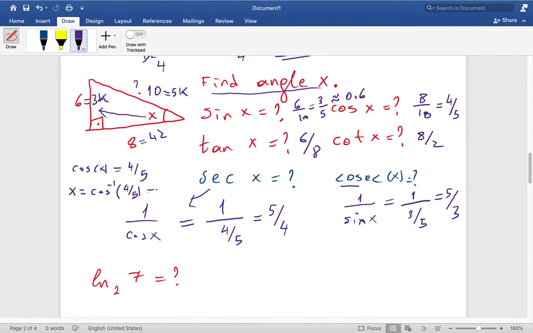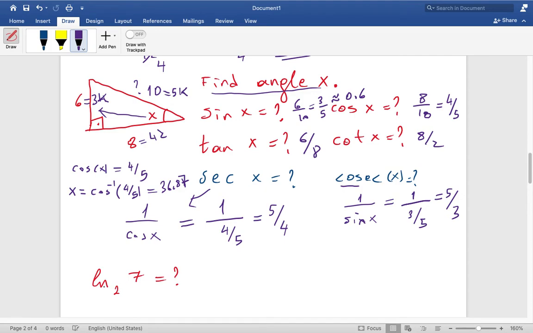So by using your calculator, arc cosine of 4 divided by 5, the result will be 36.869. If I round it, it will be 36.87.